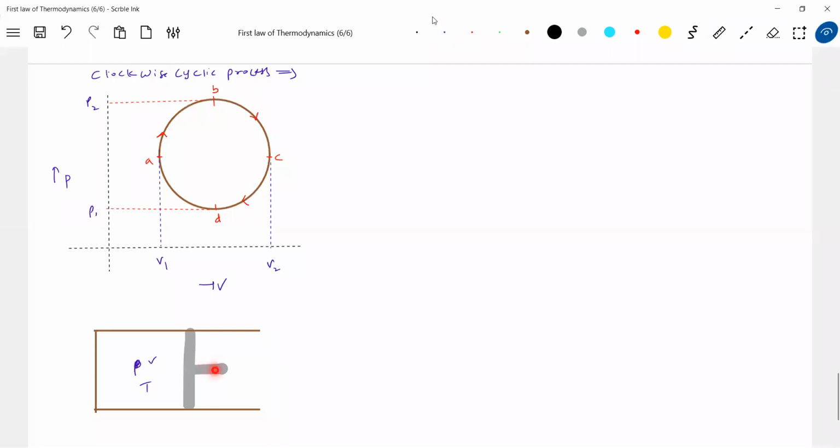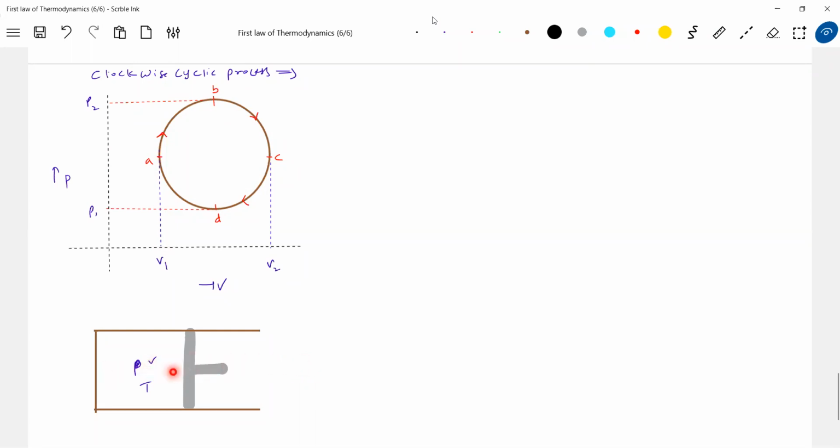The piston is moved in such a way that first, for path AB, pressure and volume increase. Here, volume increases, pressure decreases. Then volume and pressure both decrease. Volume decreases, pressure increases. Then I bring it back to the original value. What is the original value? The pressure is PA and volume is V1.